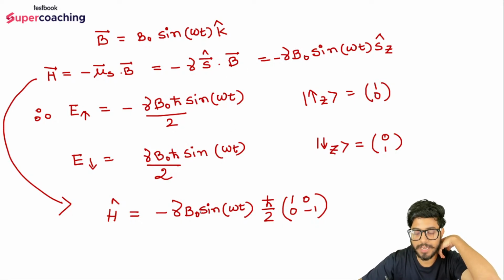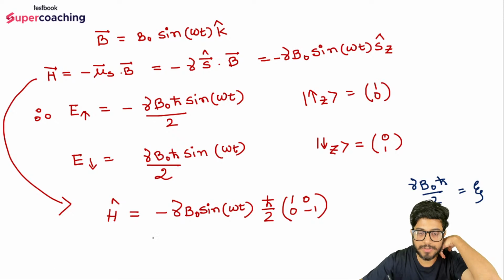Let's say gamma B naught h cut by 2 is my zeta.